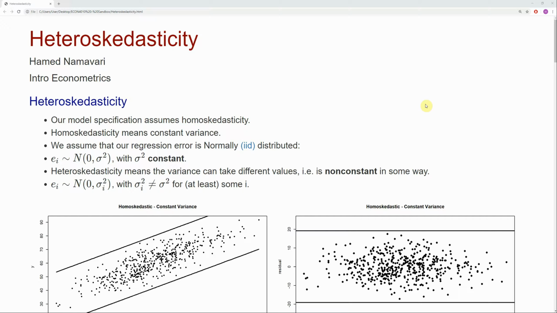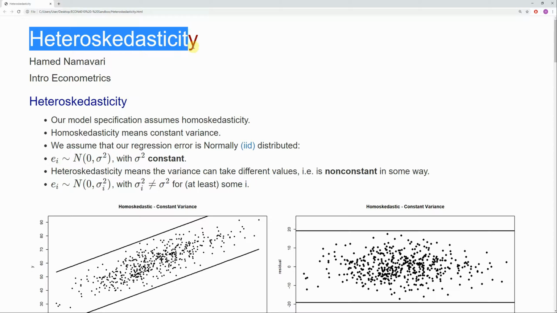So heteroskedasticity, the second part of this name, is related to the variance of the error term. Heteroskedasticity means that the variance of the error term is not homogeneous, it's not constant, and it differs based on different parts of your data set.